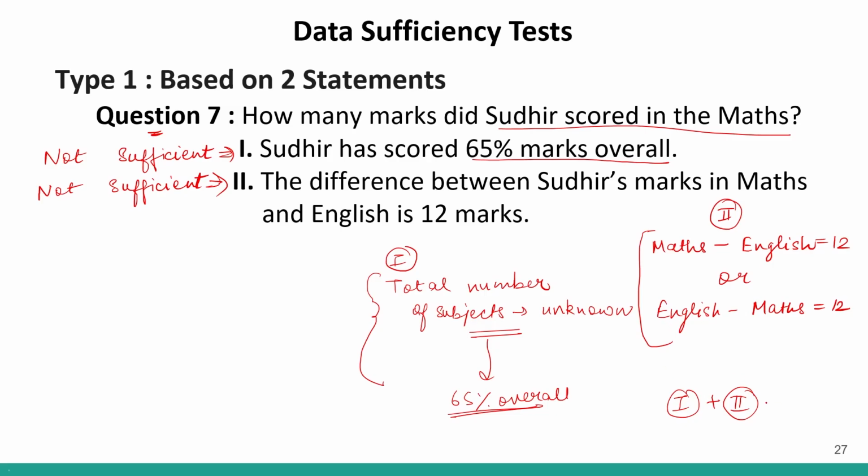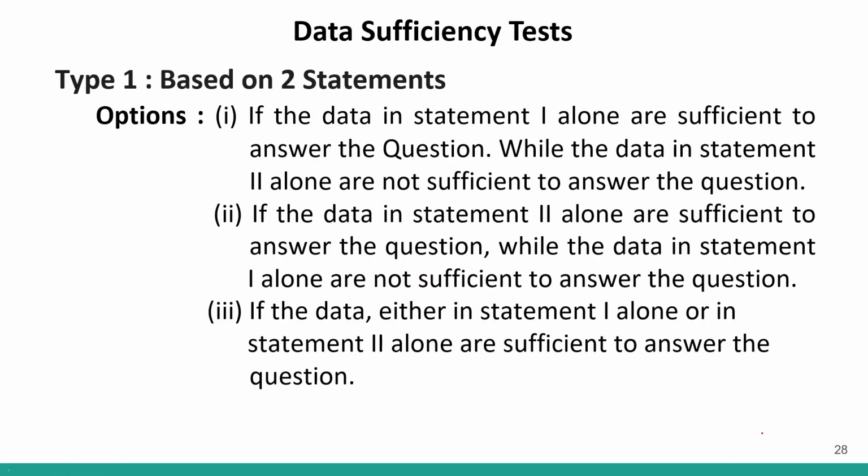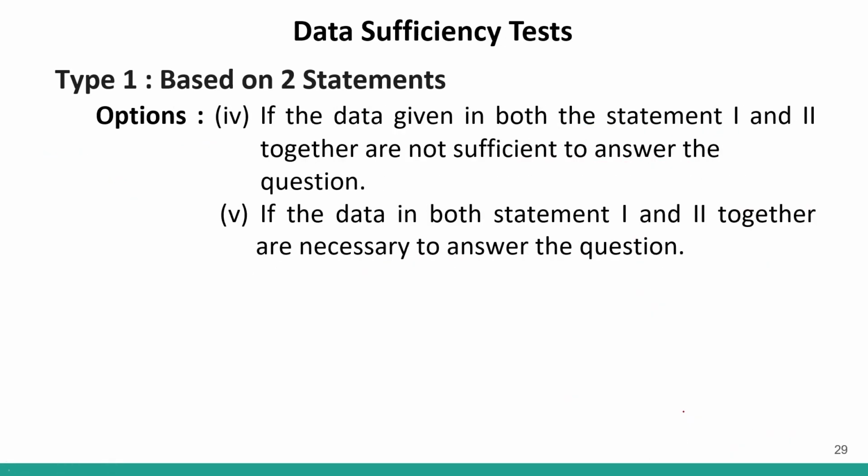So even after combining the two, I cannot find the answer. That means they are insufficient. So if I look at the options, I can see that option 4 will be the correct answer, because the data given in both the statement 1 and 2 together are not sufficient to answer the question. Clear?